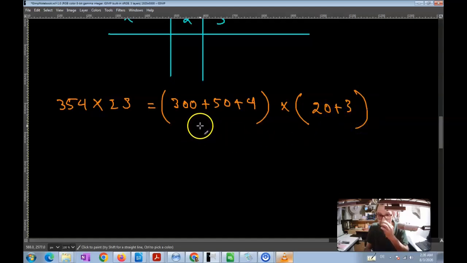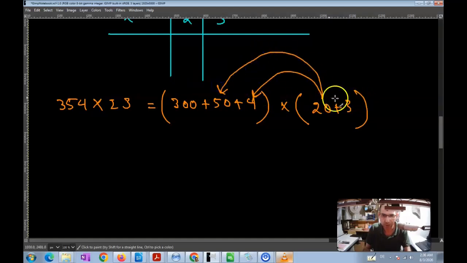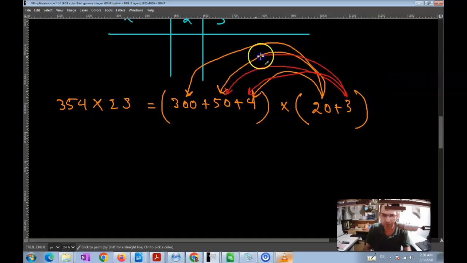Now this calculation over here becomes this first number multiplied by each and every part of the second number, and then also the second number multiplied by each and every part of this number again.